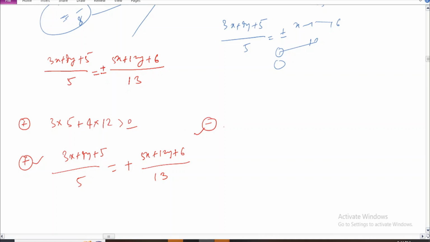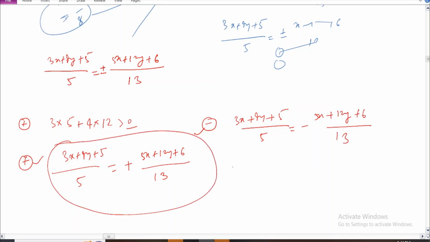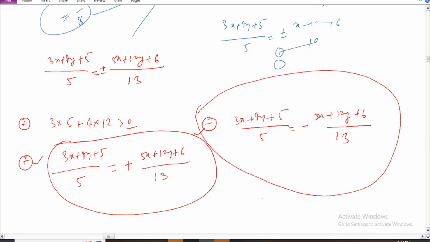By using the minus sign. So this one is for the obtuse angle bisector, and this one is for the acute angle bisector. Just do cross multiplication and get your corresponding answer.